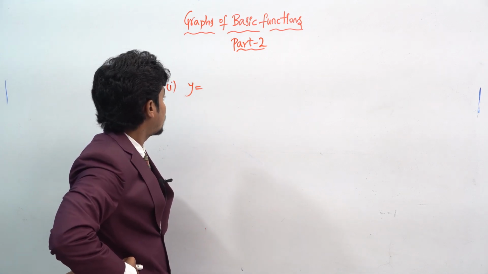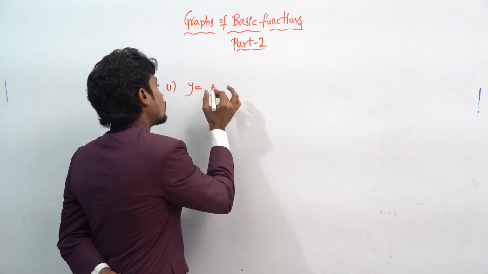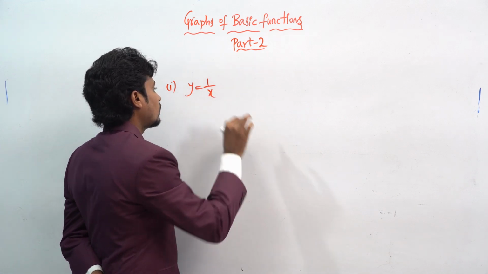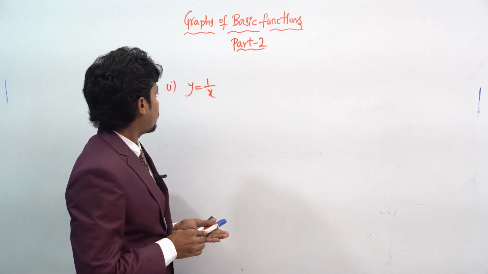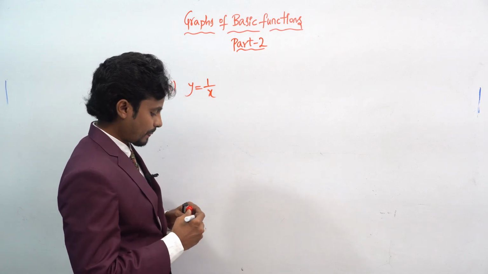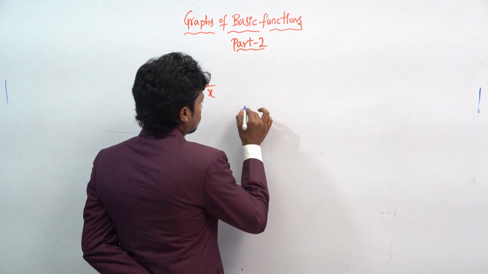So now let's take y is equal to 1 divided by x. We have to find the graph for this function.